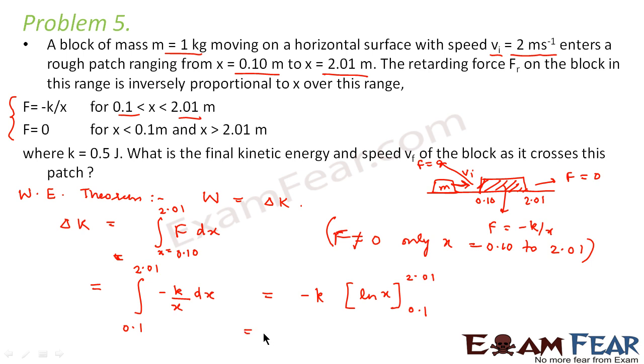So we get minus k times ln 2.01 minus ln 0.1. So we get minus k ln of 2.01 divided by 0.1. This is equal to minus k ln 20.1.